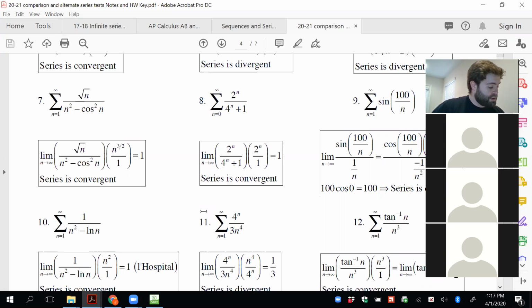And so a sub n would also converge, since b sub n converges and the limit is a positive finite value.